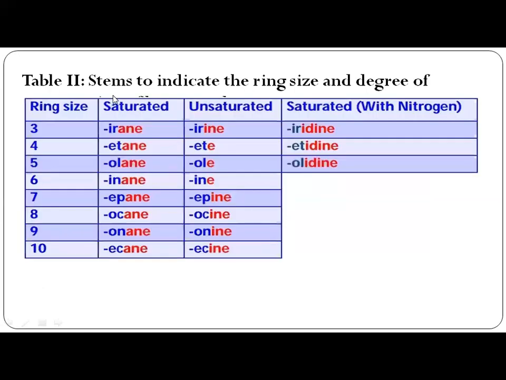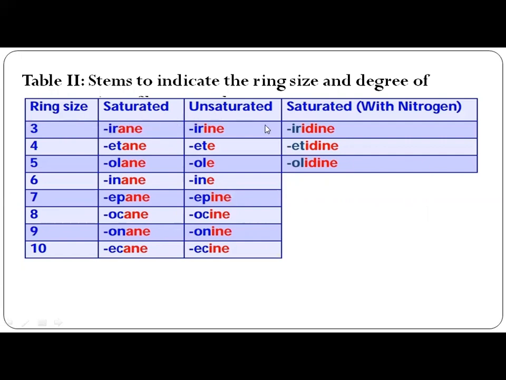Let's see table 2, which indicates the ring size and degree, means whether it is a saturated or unsaturated ring. If we have a 3-member saturated ring, then the suffix is irane.